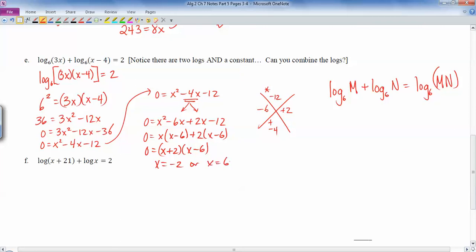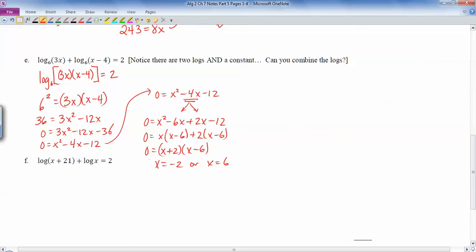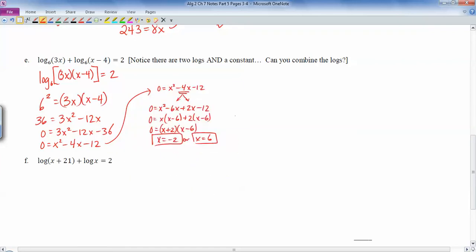And then really, you got to check them both. So let me get rid of this stuff. So 2 answers. Let me shrink this so I have more room. Okay, so we'll check x equals negative 2. And if I plug that into log base 6, 3 times negative 2. You can plug this into the whole thing if you want. As soon as you get to here, you're plugging in a negative number into a log. That's a problem. But let's say you didn't remember it. Your calculator will tell you it's a problem.